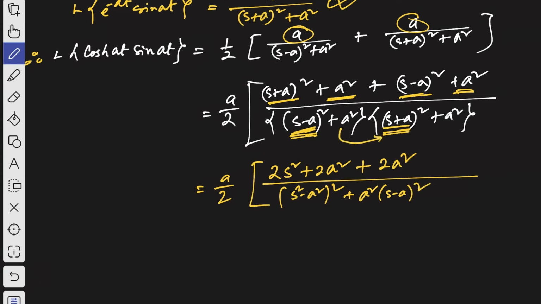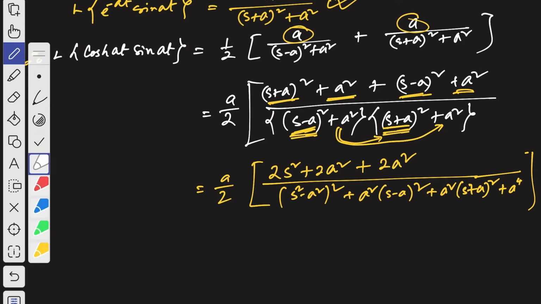Then again this a square should be multiplied with s plus a whole square, a square into s plus a whole square. Then this a square should be multiplied with a square, so that we get a to the power 4. That's what we will get.